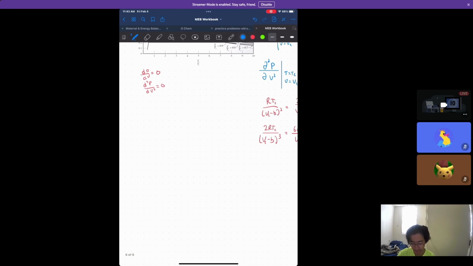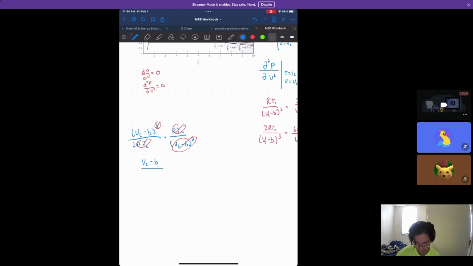So it's going to be (VC minus B) cubed over 2RTC times RTC over (VC minus B) squared, right? So let's see, some terms cancel out. This is gone, that's gone, the cube is gone, and that entire term is gone. So we get (VC minus B) over 2.